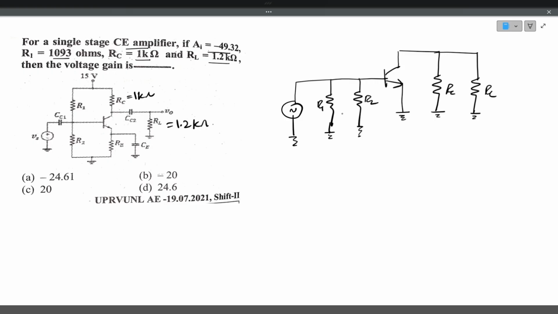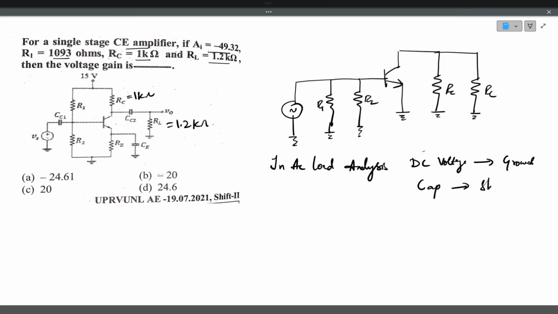So here in the AC load analysis, the DC voltage source will be represented with ground, and all capacitors will be represented with a short circuit. Now if you observe carefully, this is the collector current IC flowing like this, this is the base current IB, and this is the source current IS.